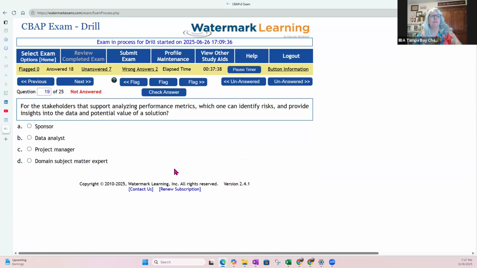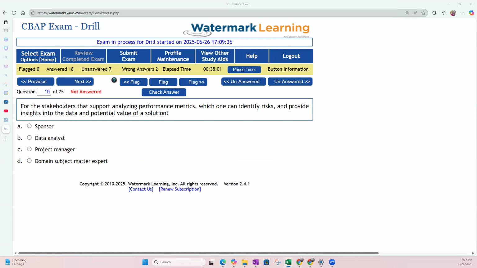Thank you so much. First, the stakeholders. For the stakeholders that support analyzing performance metrics, which one can identify risks and provide insight into the data and potential value of a solution? So analyzing performance metrics, what task is that? The second task.